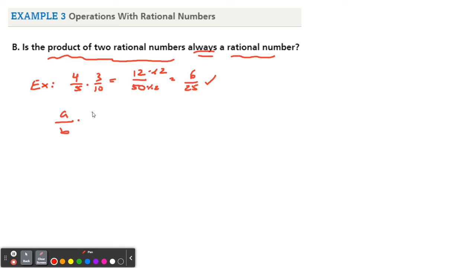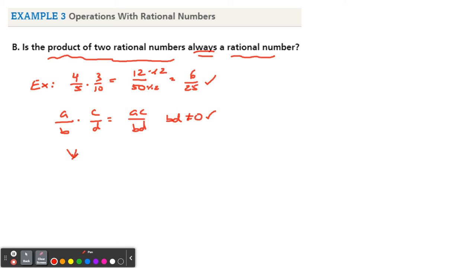Now let's apply it to our variable representations. A over B times C over D. Again, this time you just multiply straight across. So you get A times C over B times D. Again, an integer times an integer is an integer. Same thing on the bottom. Those are both integers. So yes, this is a rational number as long as B times D does not equal 0. So we're good there.